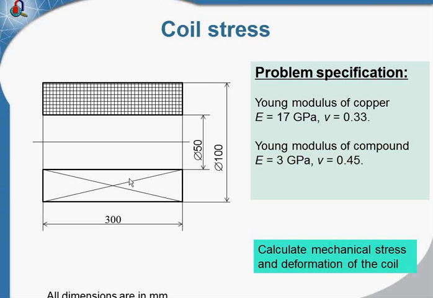The same coil carrying the same current, and I would like to calculate the mechanical stress in the insulation of the coil. And I would like to calculate the deformation of the coil.